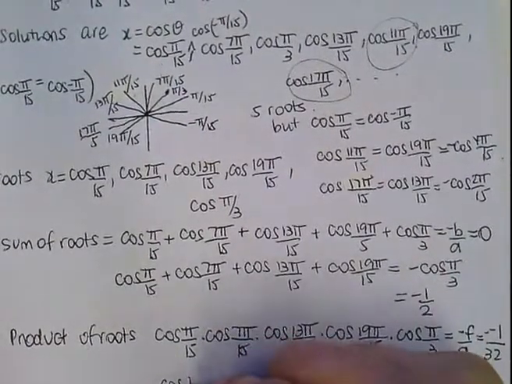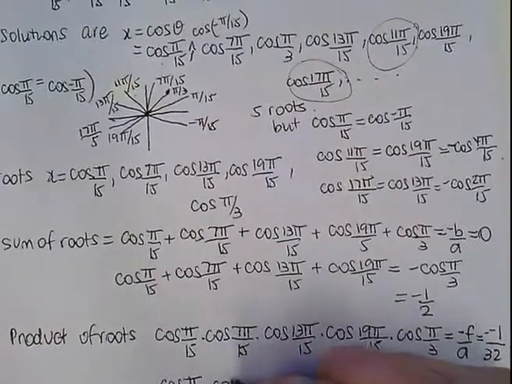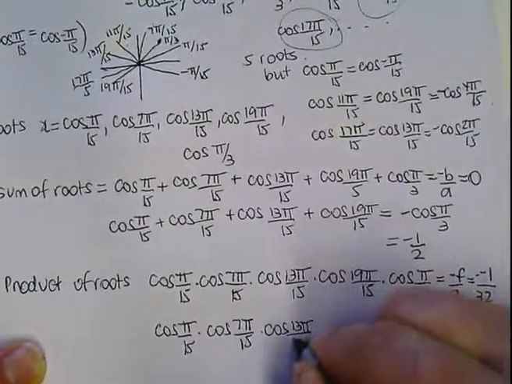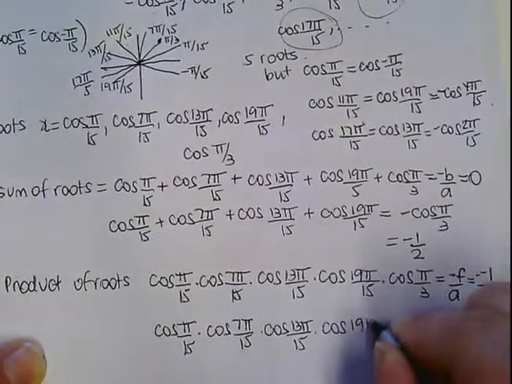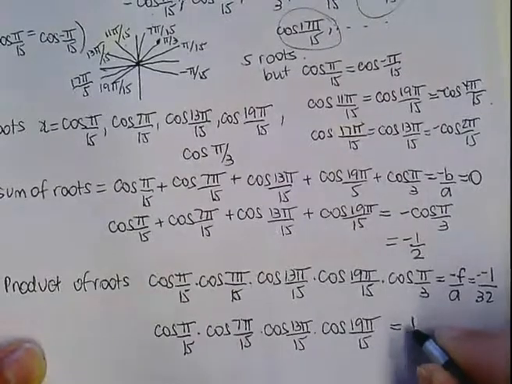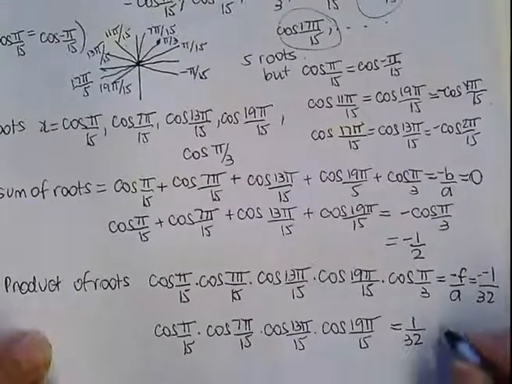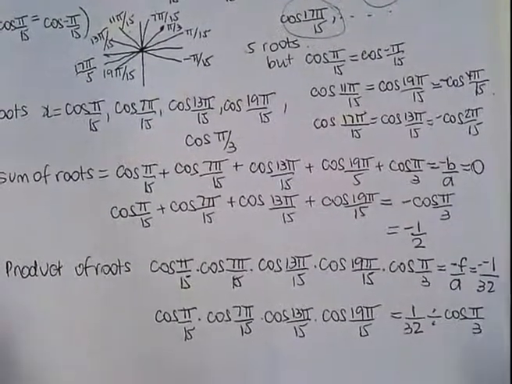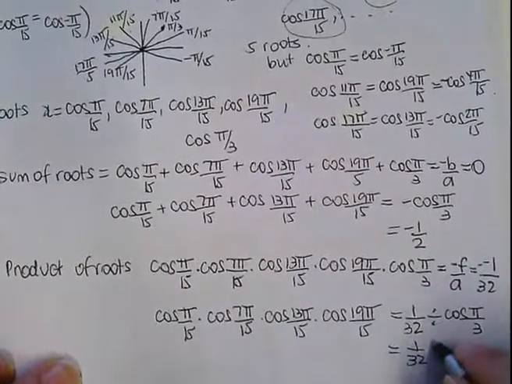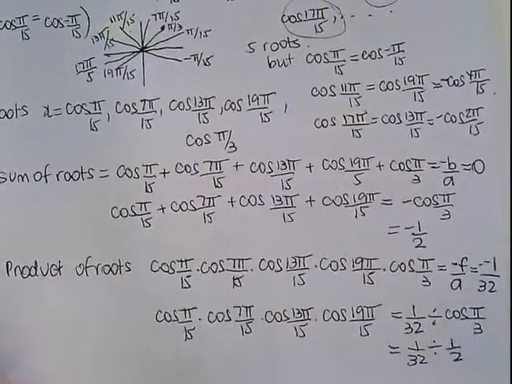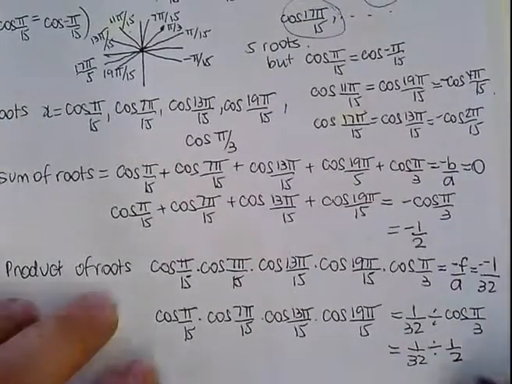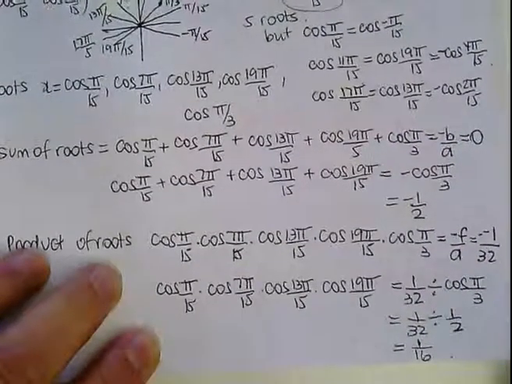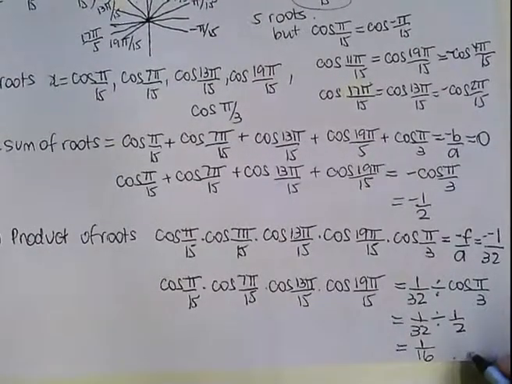So therefore the cos of pi on 15 times cos of 7 pi on 15 times the cos of 13 pi on 15 times the cos of 19 pi on 15 equals 1 over 32 divided by the cos of pi on 3, which is 1 over 32 divided by a half, which is 1 over 32 times 2, which is 1 over 16. Okay? And as required.